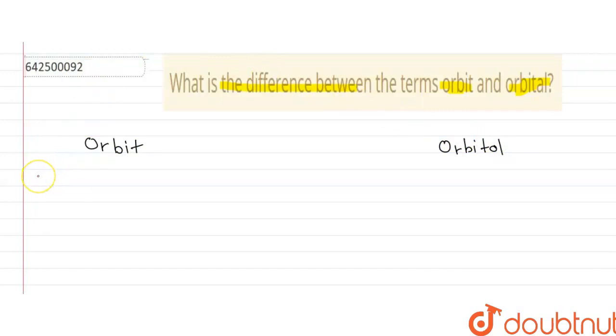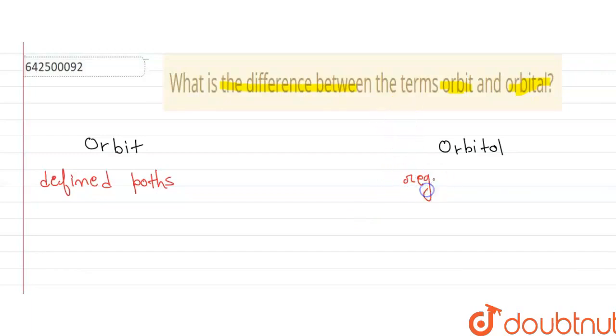We know that orbits are nothing but fixed or defined paths where an electron revolves. So let me write, they are defined paths. And orbitals are nothing but a region or space around the nucleus or in the atom where the probability of finding an electron is maximum. So orbitals talk on probability.